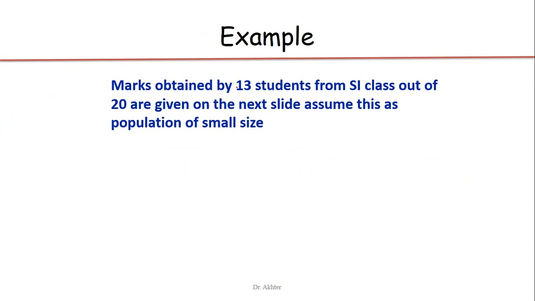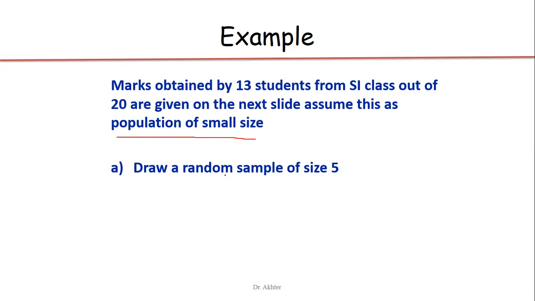It's a very simple example in which 13 students are there, and we have marks out of 20 in the next slide. This data set is assumed to be a population of small size. What we have to do is draw a random sample of size 5. Then we compute the mean of the whole class. This is called mu, a parameter.